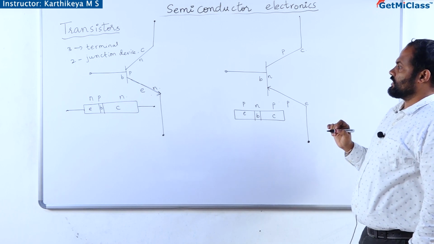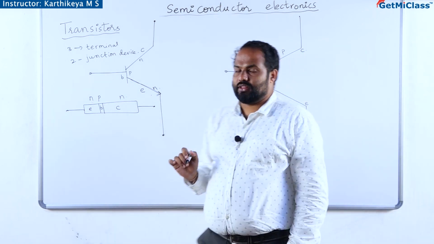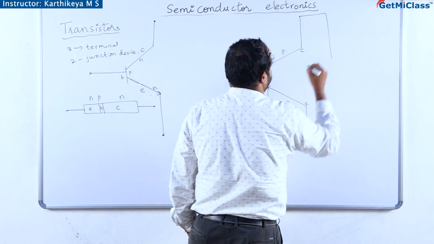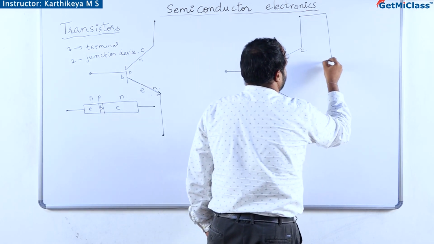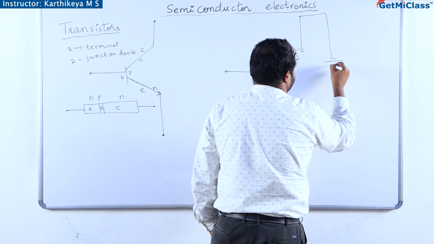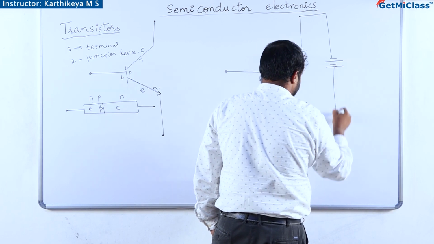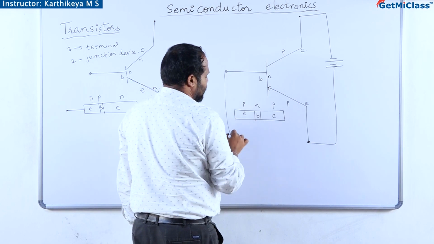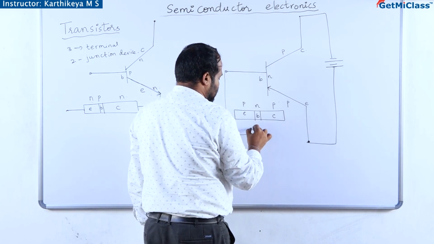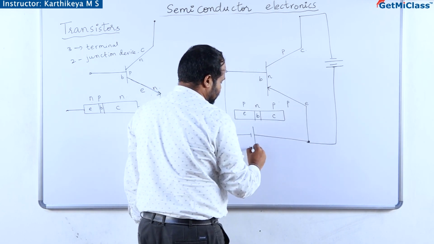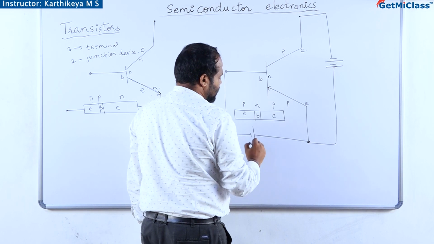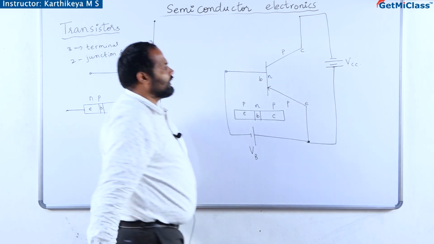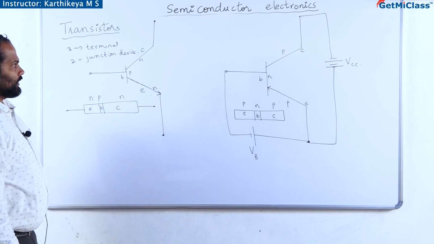So, a transistor is operated with one input loop and one output loop. Usually the output loop is the collector-emitter loop, which is reverse biased, and the input loop is always forward biased. This is the base to emitter voltage, this is the collector to emitter voltage.